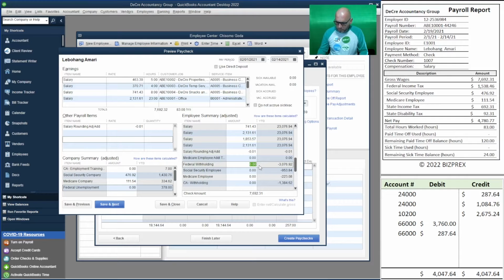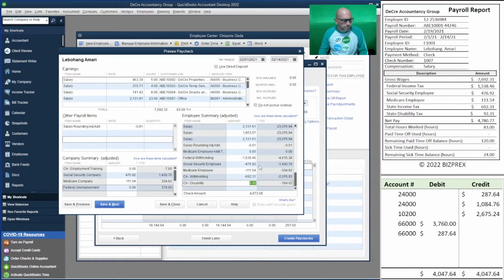All right. Here it is, our net pay matches.